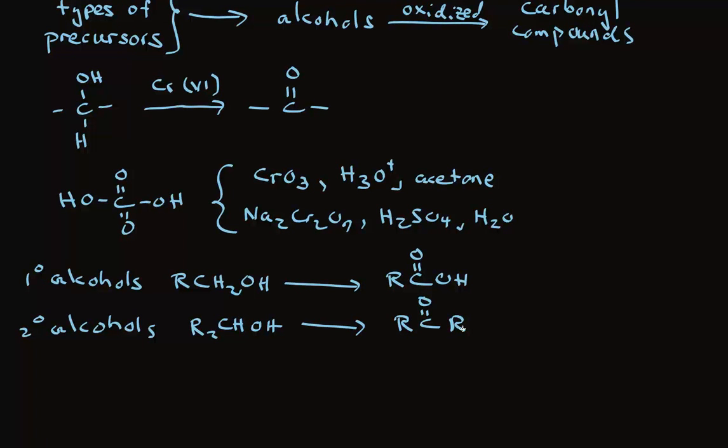The point is that chromic acid is a strong oxidizing agent, and it will take a primary alcohol as far as it reasonably can in terms of oxidation level, and secondary alcohols can only be oxidized to ketones.